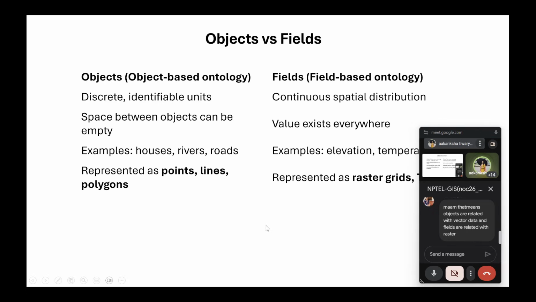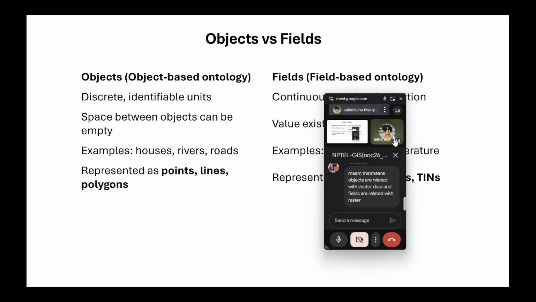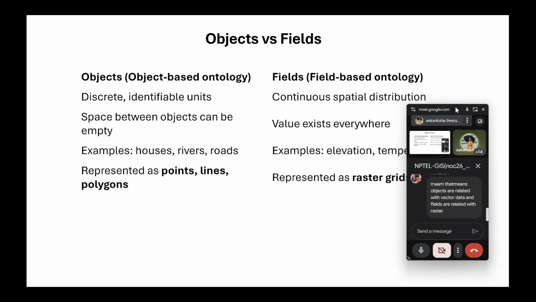Objects are represented by vector data, which are points, lines, or polygons. But fields are represented by raster data like raster grids, or you can also represent them by triangular irregular networks, which are called TINs.